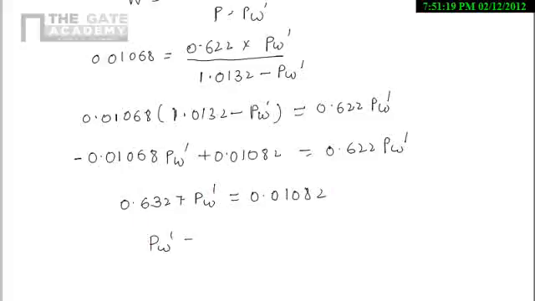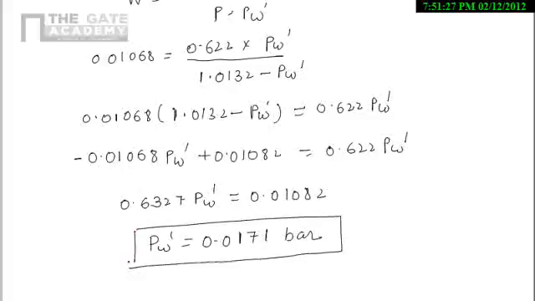So the PW dash will come to 0.0171 bar. So PW dash, that is the partial pressure of water vapor at 20 degree centigrade dry bulb and 0.01068 specific humidity.